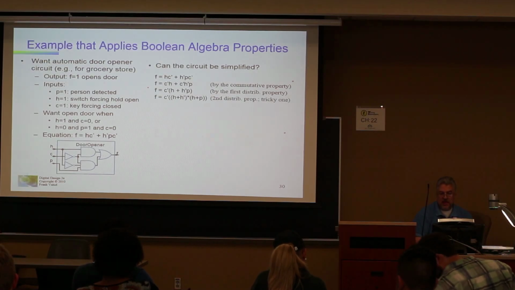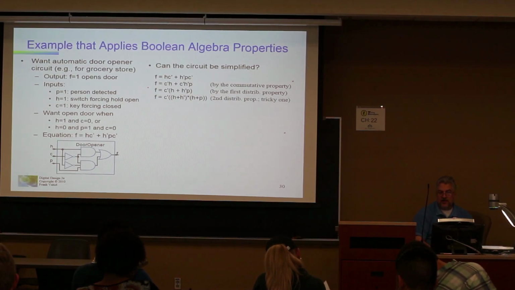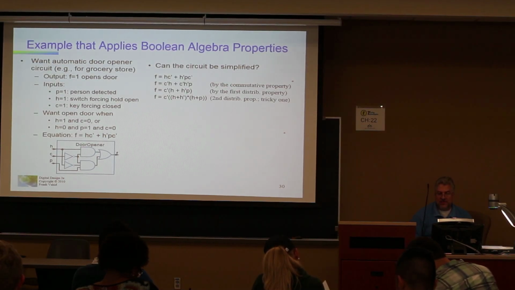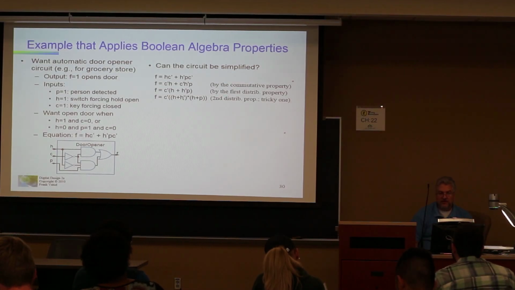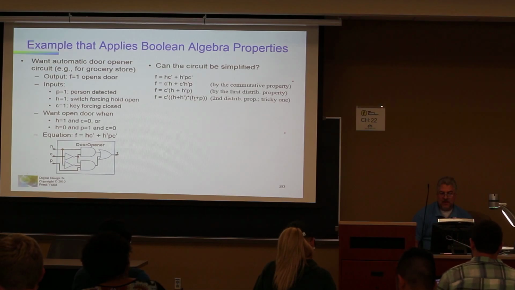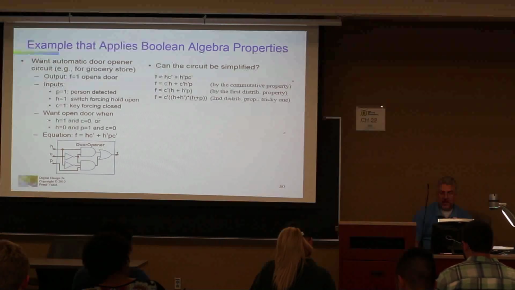Then you have, from the second distributive property, you can pull out, remember that H or H prime is 1, right? We have H or P here.